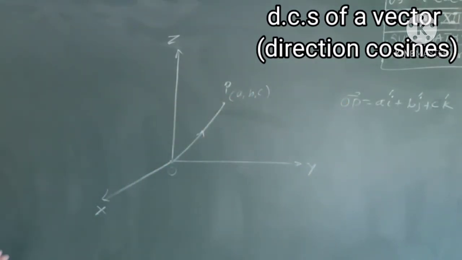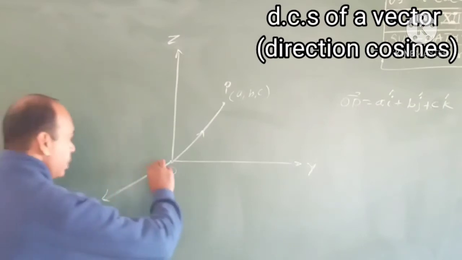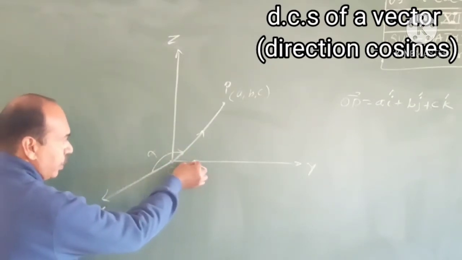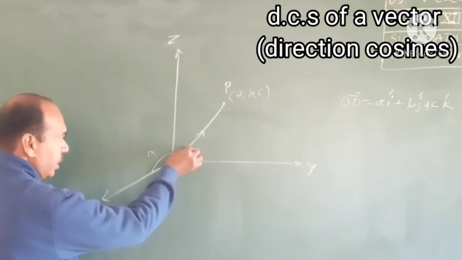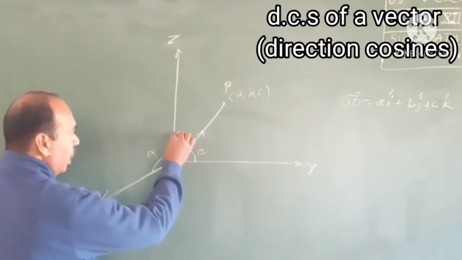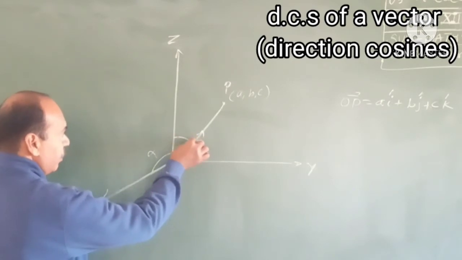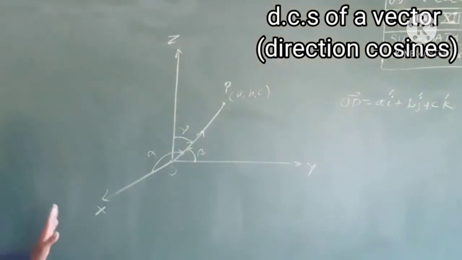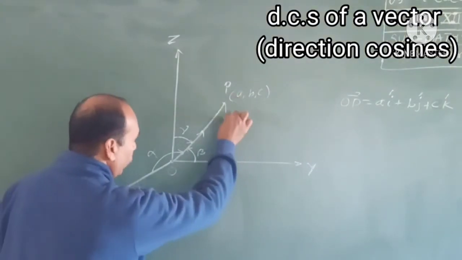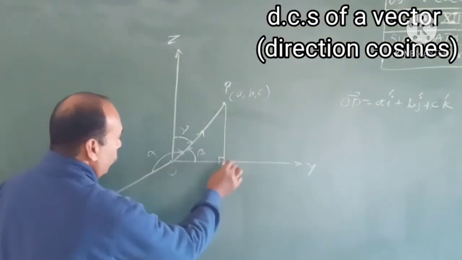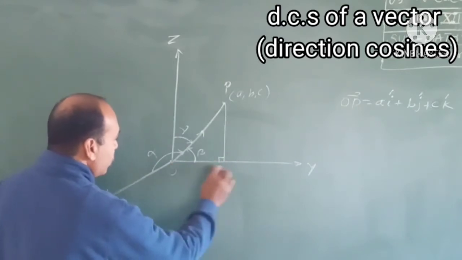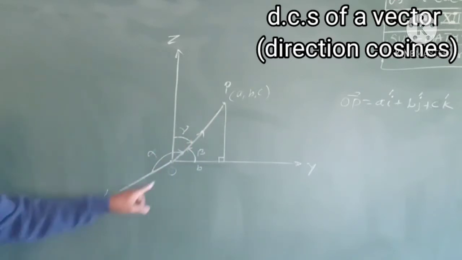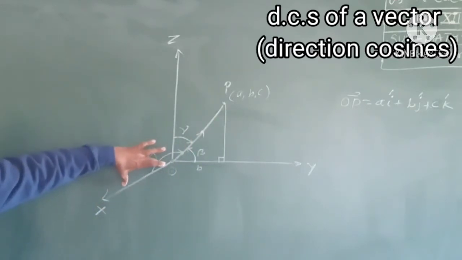And suppose this OP makes an angle alpha with the x-axis, with the y-axis this angle is beta, and with the z-axis this angle is gamma. So see in this figure, on the y-axis drop a perpendicular. This distance is B units, and when you draw a perpendicular on the x-axis, this distance is A units.